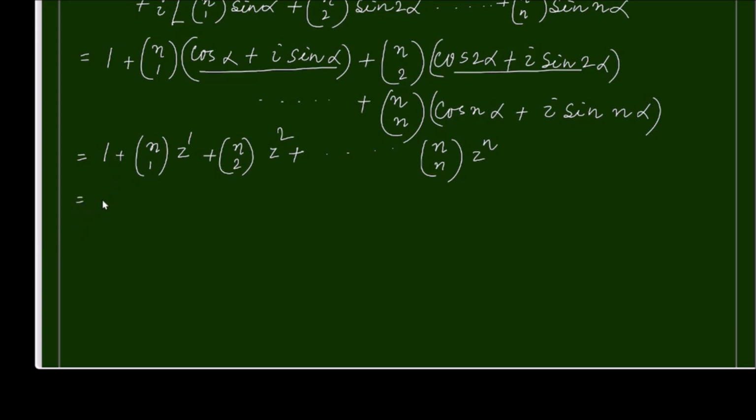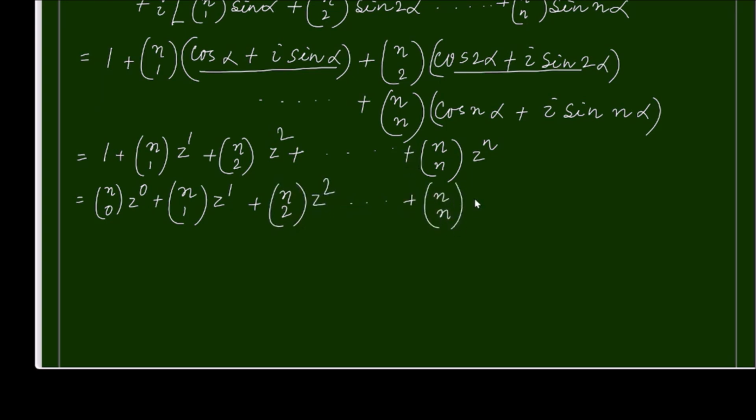So this is equal to, 1 can be written as n combination 0, z power 0, n combination 1, z power 1, n combination 2, z power 2, up to n combination n, z power n.